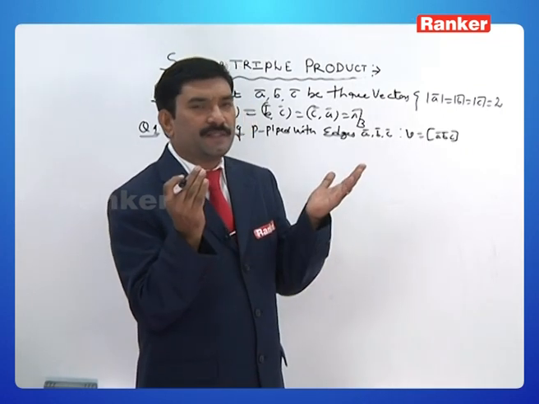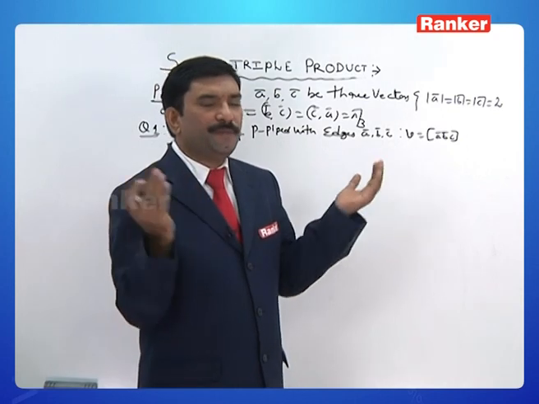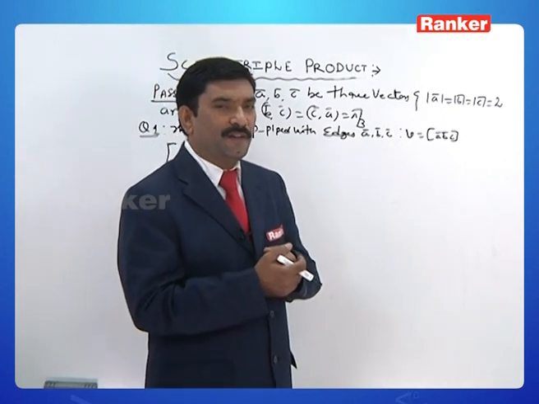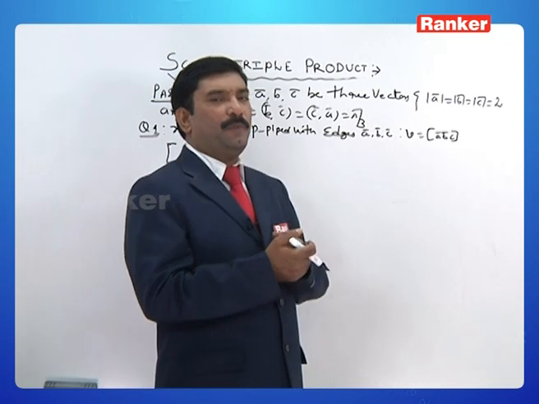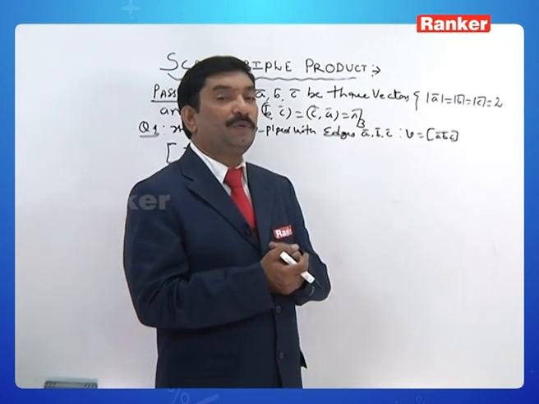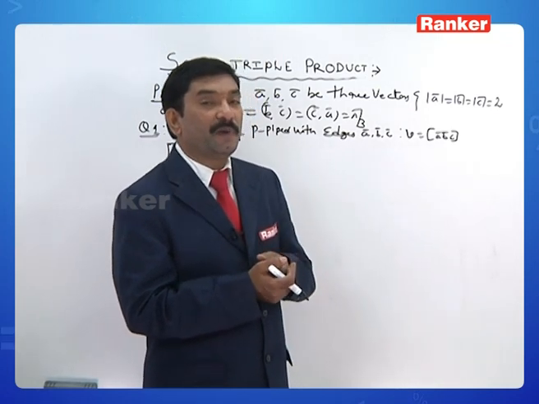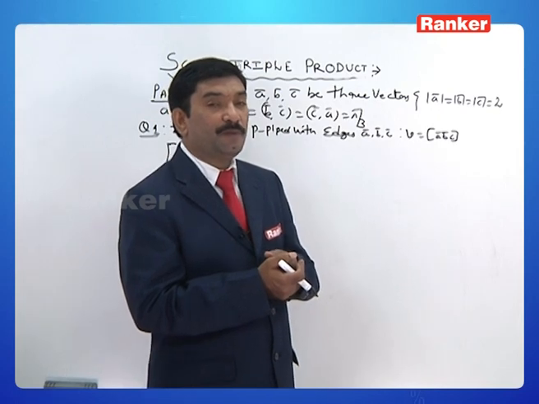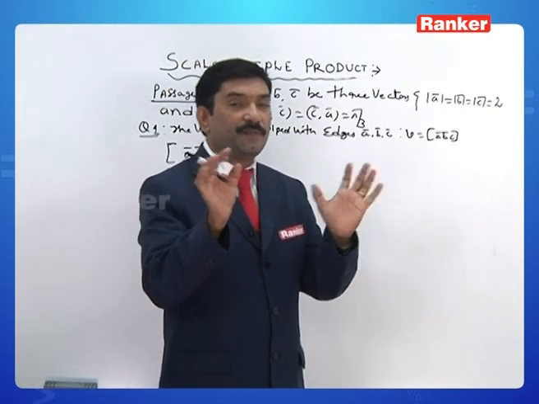As we have discussed earlier, box of ABC whole square, we have expanded as a product of two determinants. Box of ABC whole square is equal to box of ABC into box of ABC.